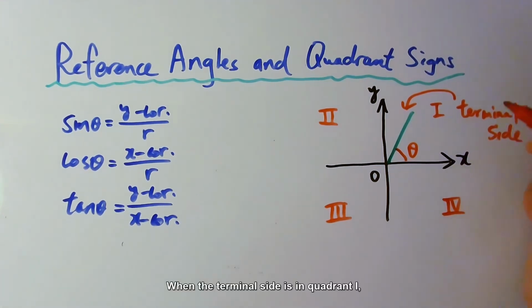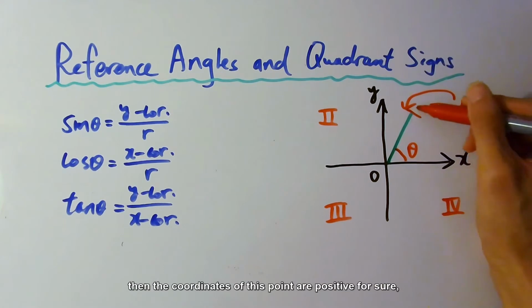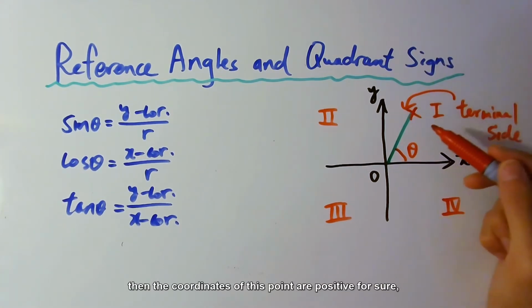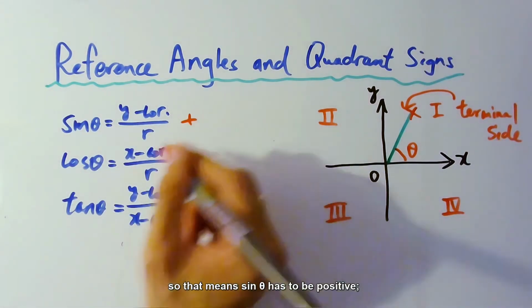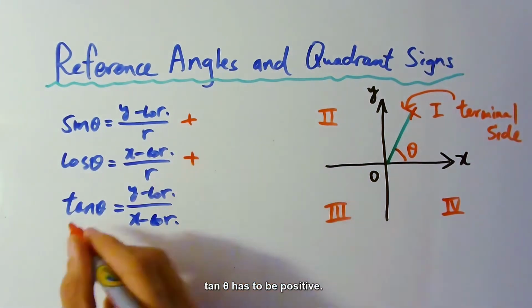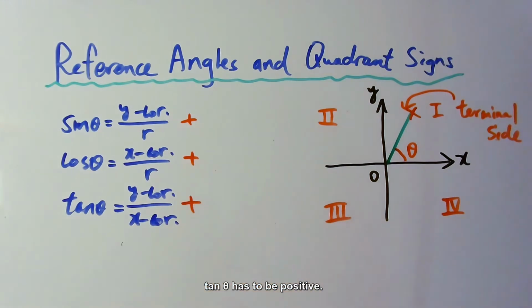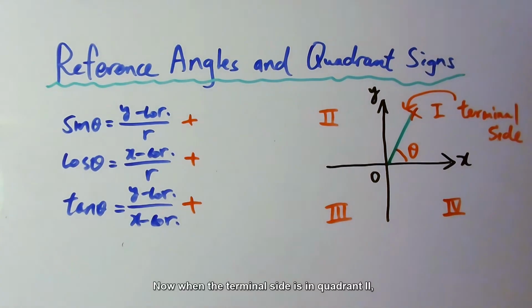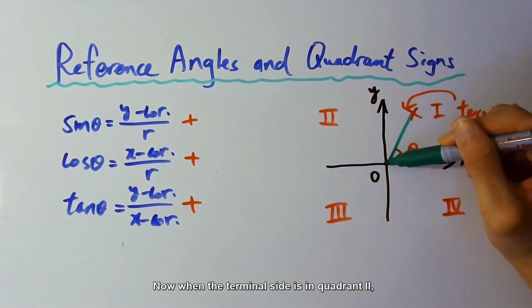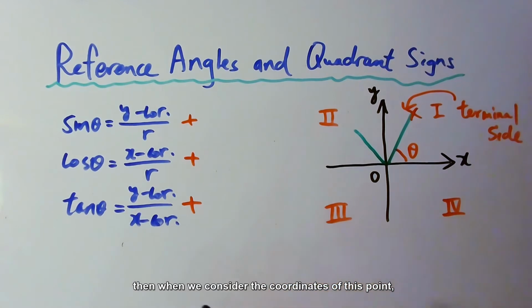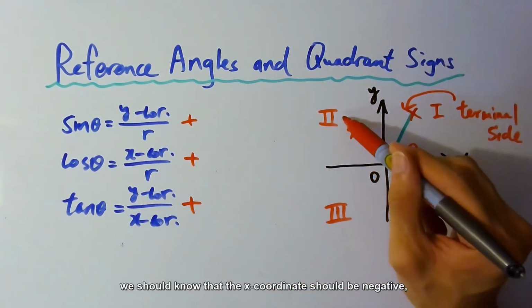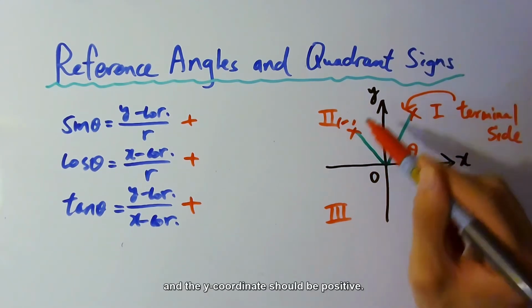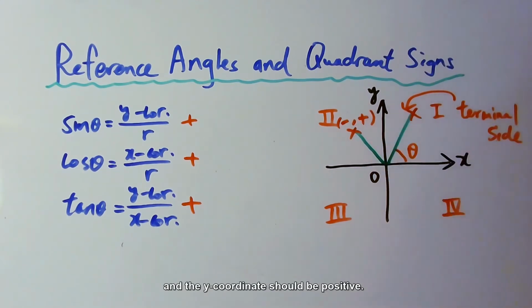When the terminal side is in quadrant 1, then the coordinates of this point are positive for sure. So that means sine theta has to be positive, cosine theta has to be positive, tangent theta has to be positive. This is just a case we have learned in junior forms. Now when the terminal side is in quadrant 2, then when we consider the coordinates of this point, we should know that the x-coordinate should be negative and the y-coordinate should be positive.